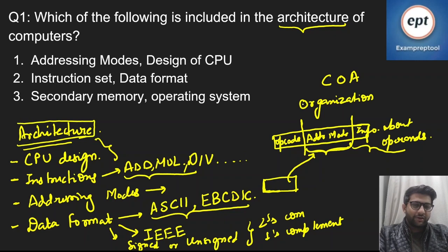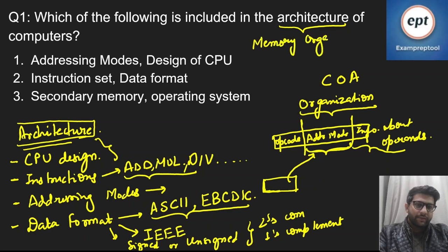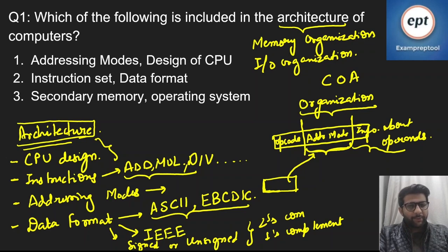Right, and organization, what organization means is that how these different parts or how different components of a computer will interact with each other. So organization includes the memory organization, the IO organization, right? And how we can make this particular computer more efficient.